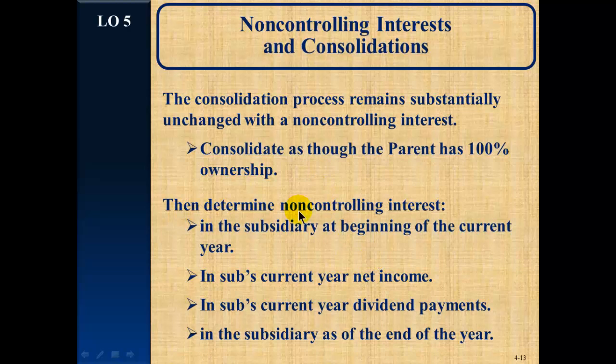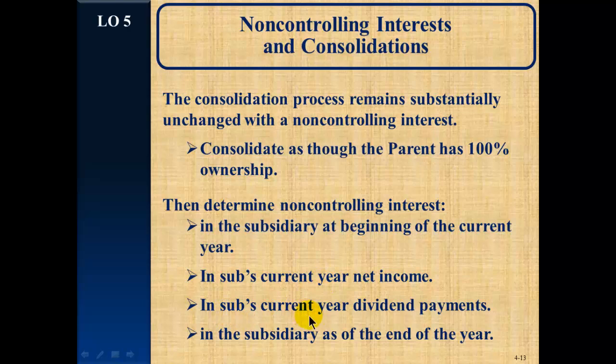And then you'll determine the non-controlling interest at the beginning of the current year. Okay, and you're going to see that on the worksheet that we do in the comprehensive problem. You're going to assign the current year net income. You're going to assign a piece of that to that NCI.